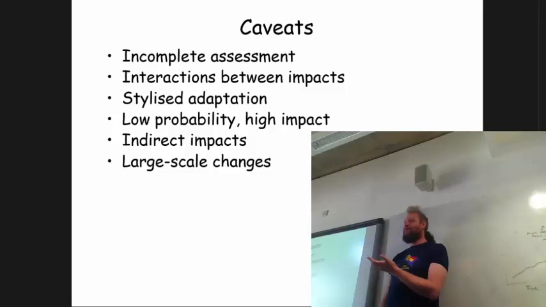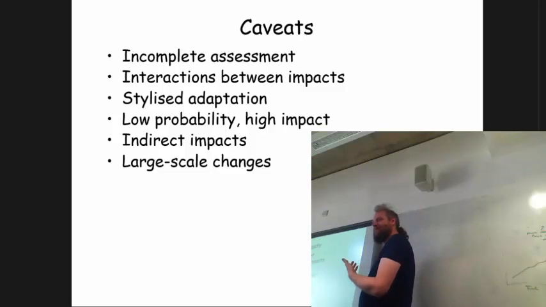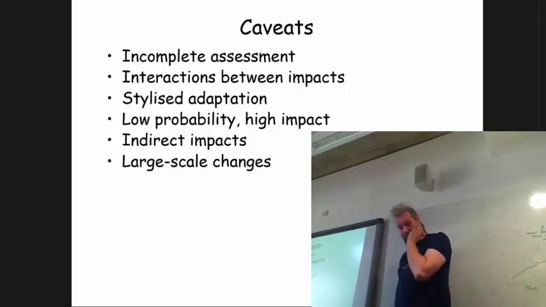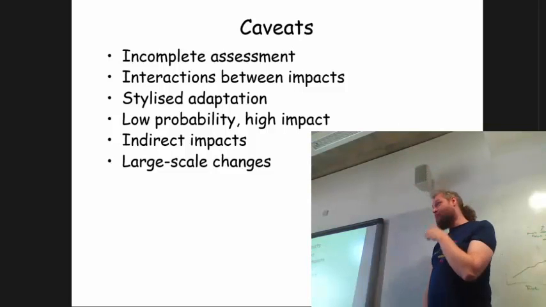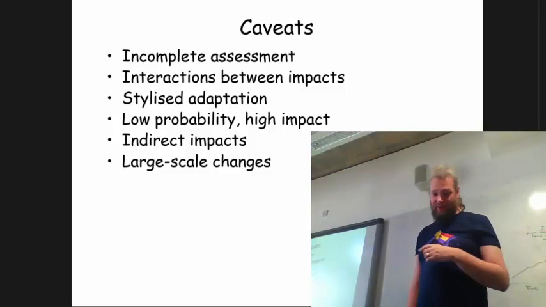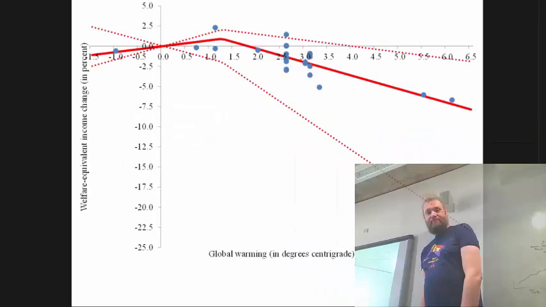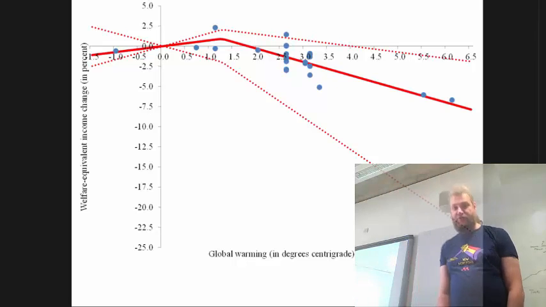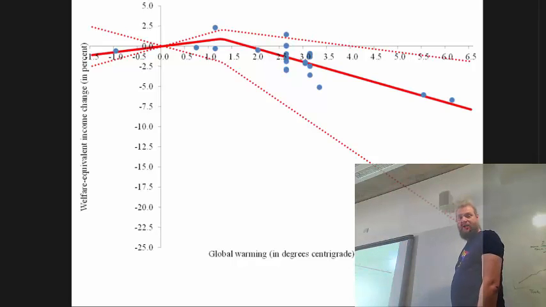It's much more difficult to value all forests in a wholesale change, say from needle leaf to broadleaf. That's much more difficult than saying, well, what would happen if I cut down this particular forest? Nevertheless, this is what we have. Now, there's a number of lessons that can be drawn from this. The first is the order of magnitude.